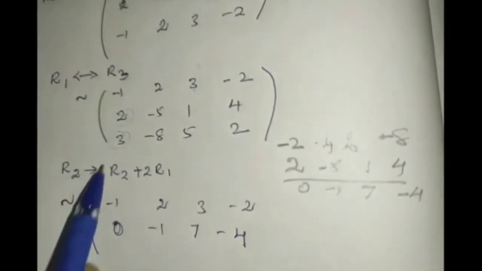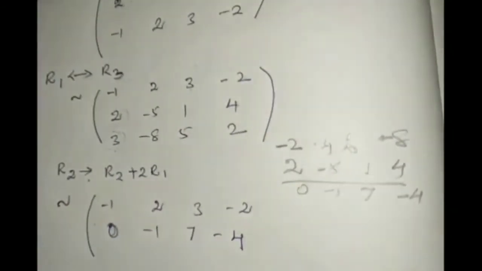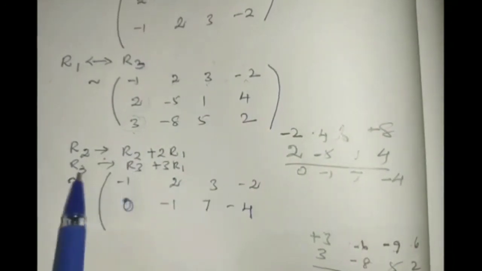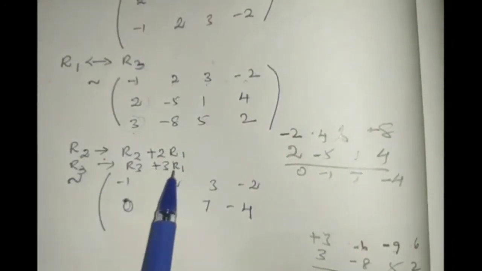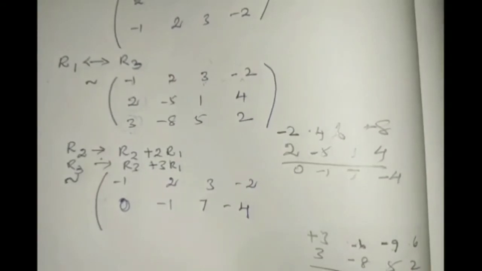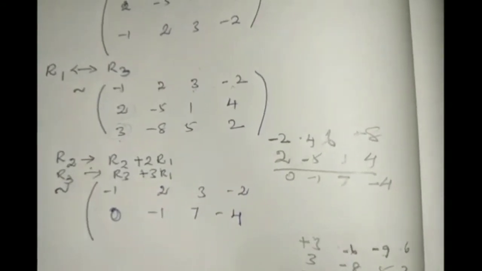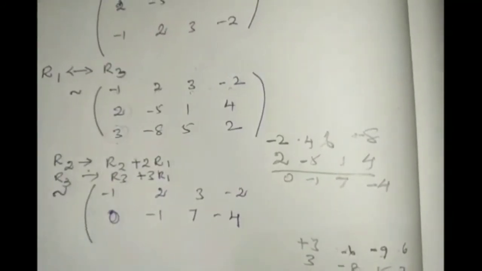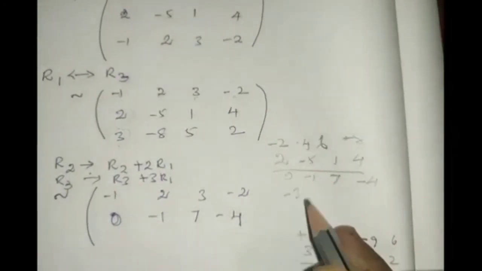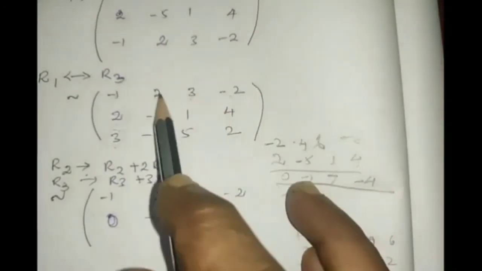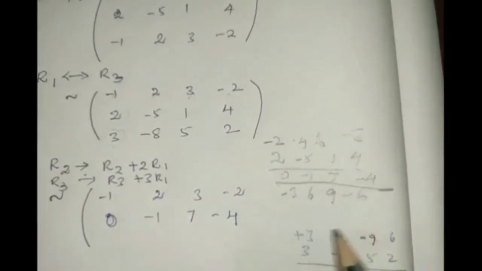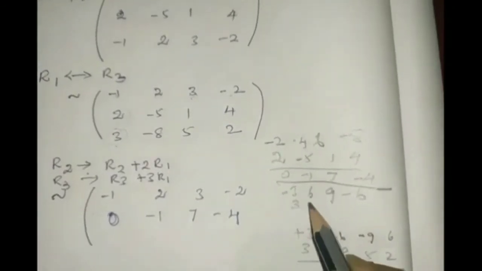Then again I'm going to make the third row first element 0. For that I'm going to transform R3 as R3 plus 3 times R1. So I'm going to multiply this R1 with plus 3. I'll get minus 3, 3 into 2 is 6, 3 into 3 gives 9, 3 into minus 2 gives minus 6.